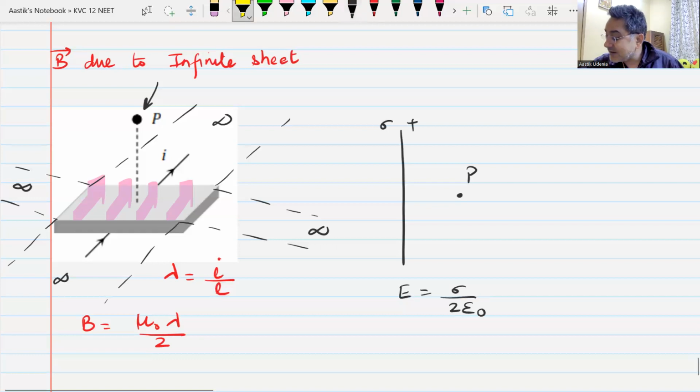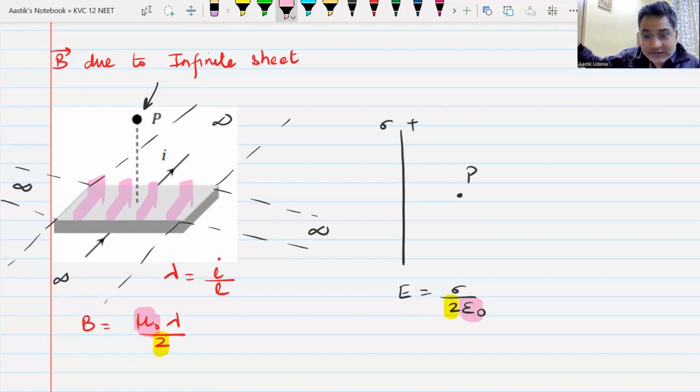This formula is exactly similar. 2 comes in the denominator there and here too. Epsilon was in the denominator, here mu naught is in the numerator. There it was sigma, here it is lambda, current per unit length. Do we understand this? Yes, sir. This is the magnetic field due to an infinite sheet.